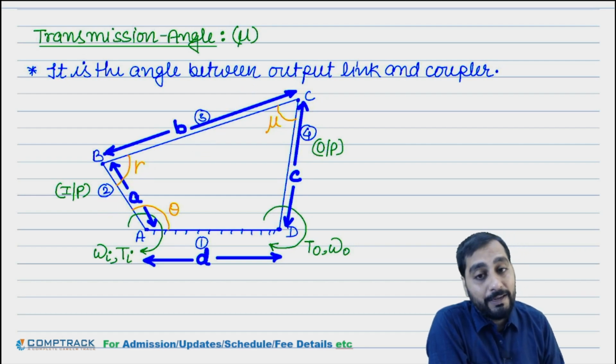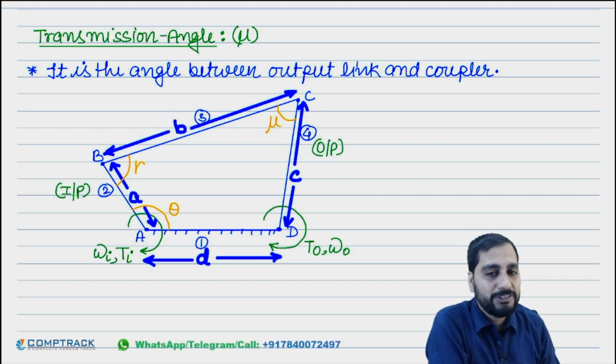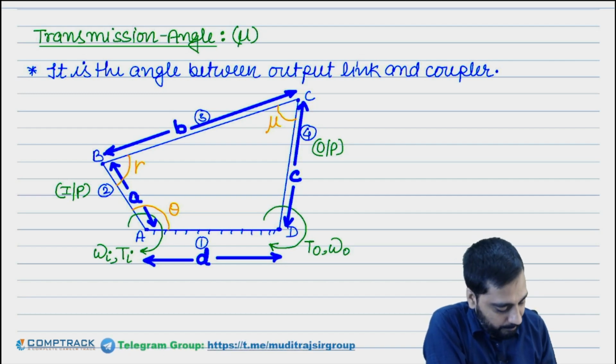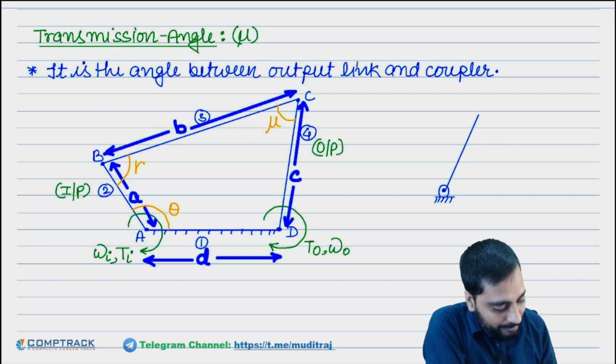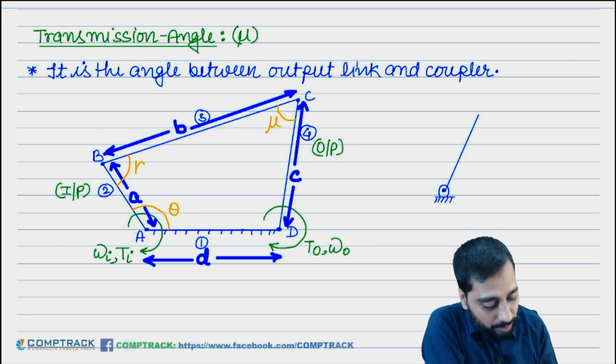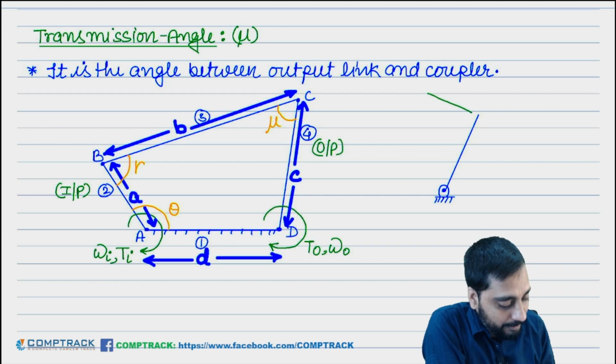And the direction of forces will also change, because this is totally dynamic analysis. All links are in motion. But for any link, at any instant, the torque can be maximum only when the force applied on the link is at 90 degrees.